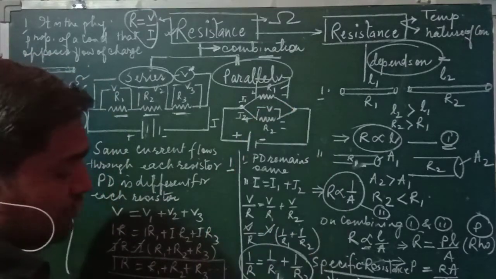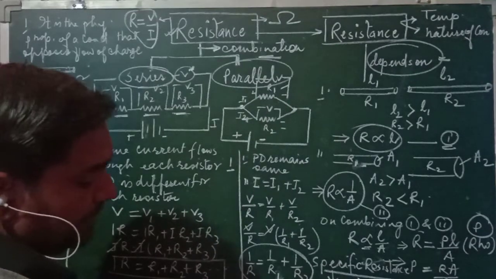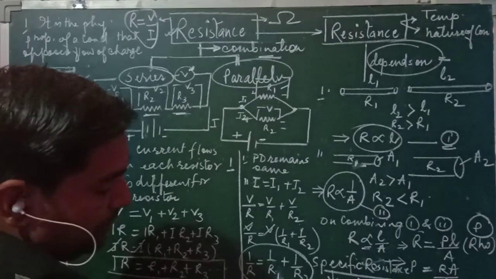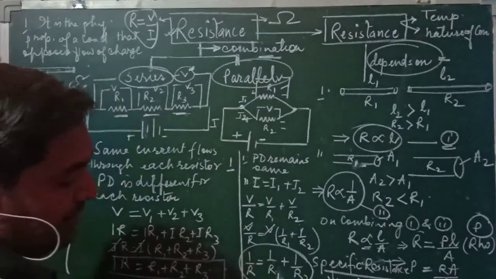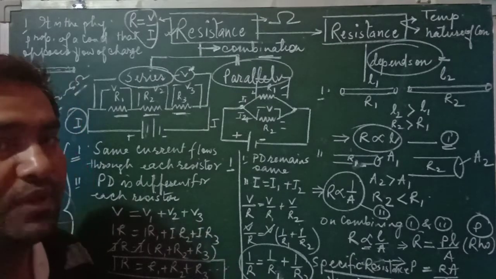Net resistance is always less than each. Suppose this is 3 ohm connected in parallel, and this is 4 ohm. Definitely the net resistance will be less than 3 ohm and 4 ohm also.